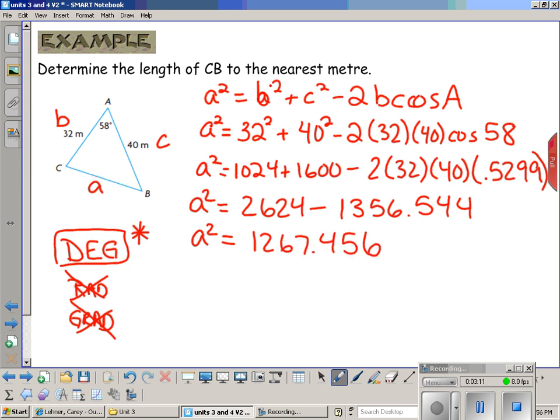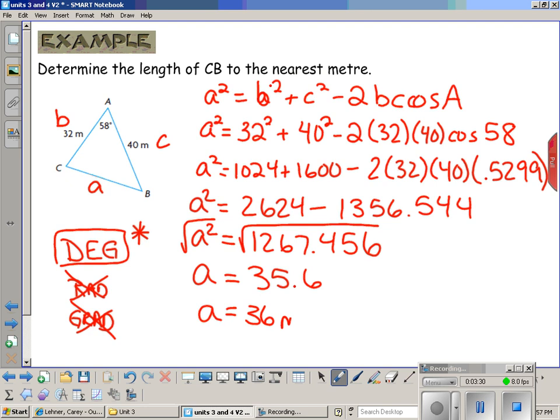But we are not looking for A squared, we are looking for side A. So we square root both sides, and we end up with 35.6 approximately. The question asks us to put it into the nearest meter, so we need to write it as 36 meters.